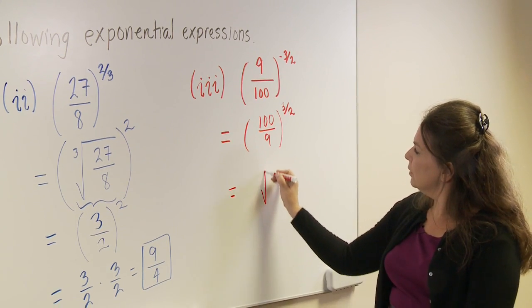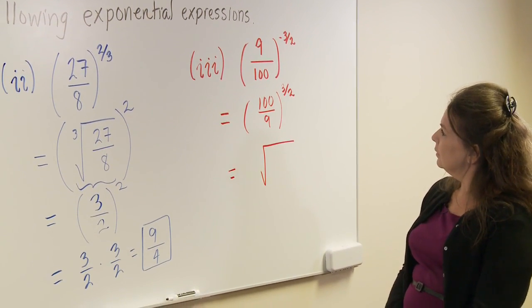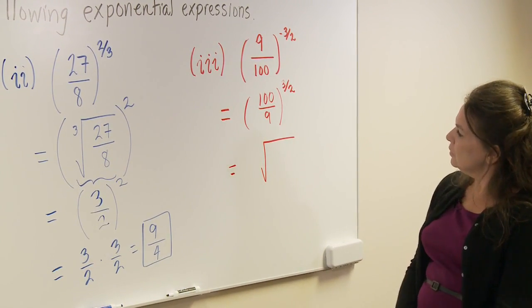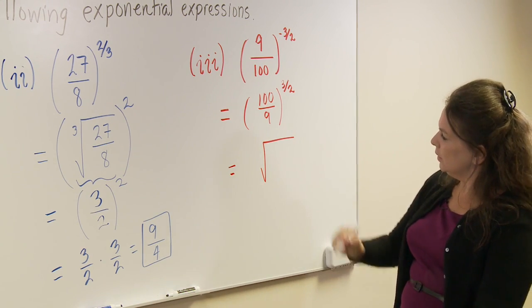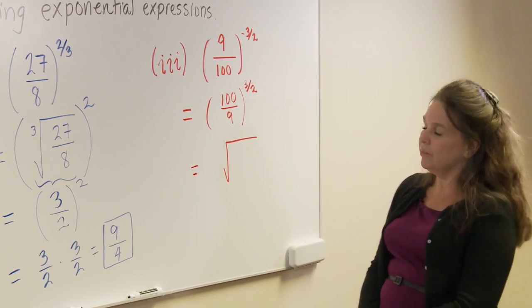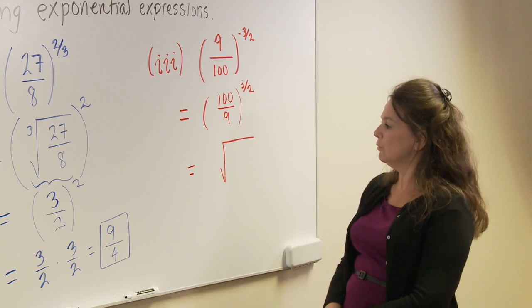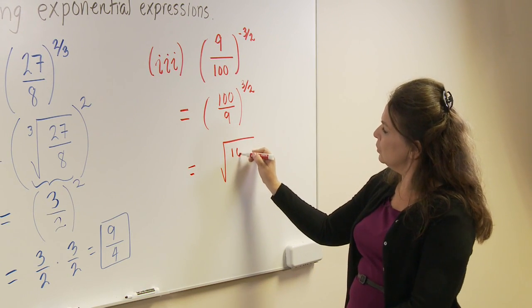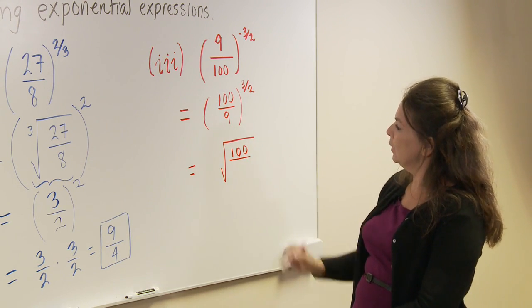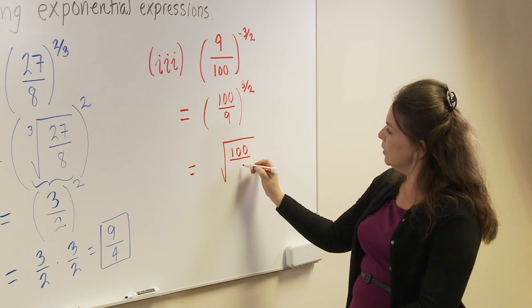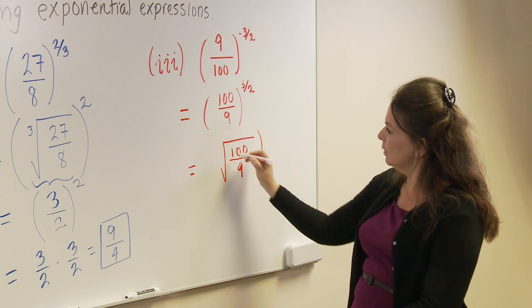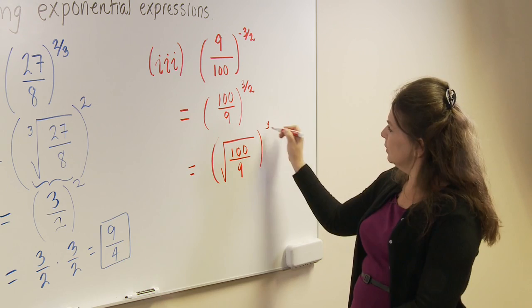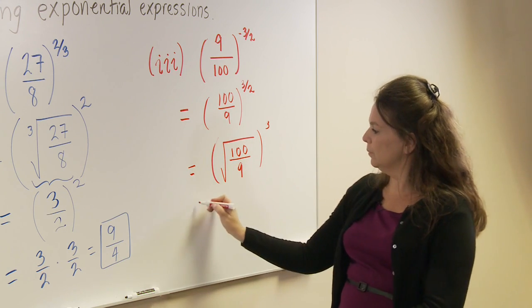And so I have the square root. Since the denominator is 2, the index would be 2. If the index is 2, we do not need to write it. It's the understood 2 with the square root. The square root of 100/9, I'll evaluate that and raise it to the 3rd power.